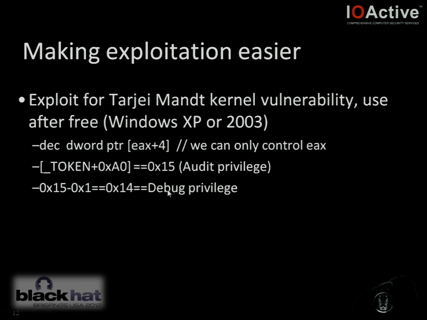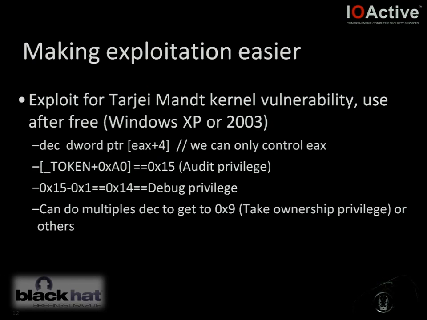So you can see again, the same vulnerability on Windows XP and 2003 becomes very easy to exploit, because we know where this kernel address is, and by subtracting 1 from that kernel position, we are setting the debug privilege for our exploit process, and in this case, we can access any process on the system, inject code, etc. Of course, in case you can do multiple decrements, you can continue decrementing until you get another privilege enabled, like take ownership or another privilege. Or you can do the opposite and increment.